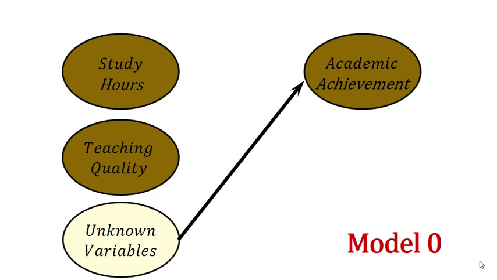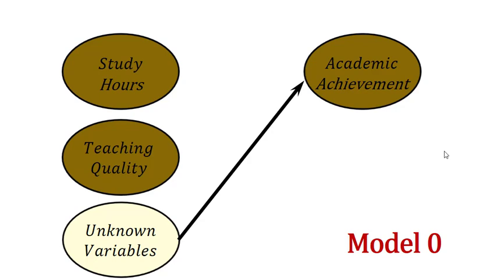Basically, the only variable or composite of variables is what we call unknown variables, presented here as a latent variable, and study hours and teaching quality are not related to academic achievement, therefore they are not causing academic achievement. So basically this model says we don't know anything about what causes academic achievement.